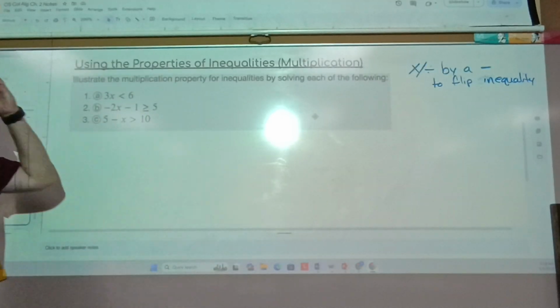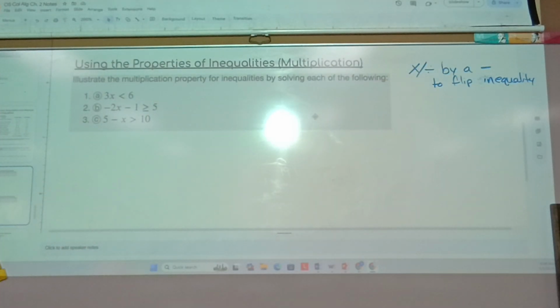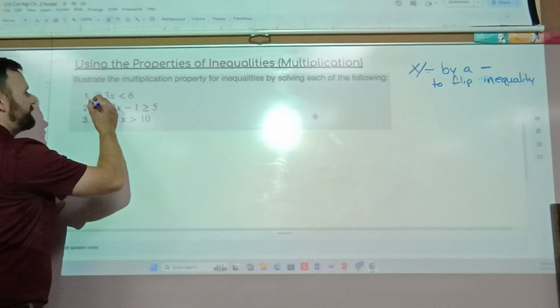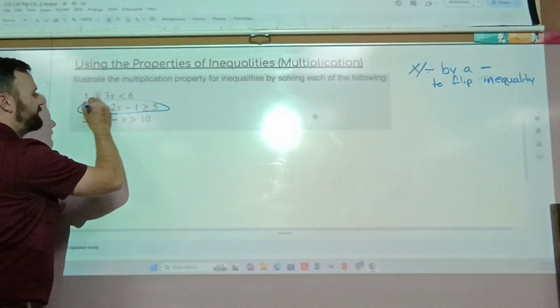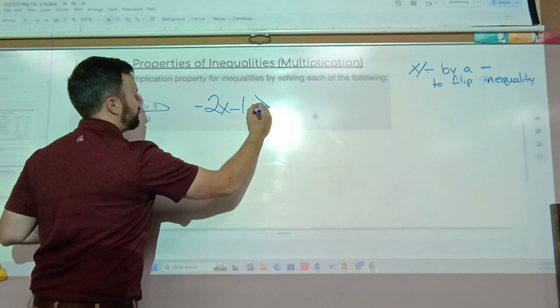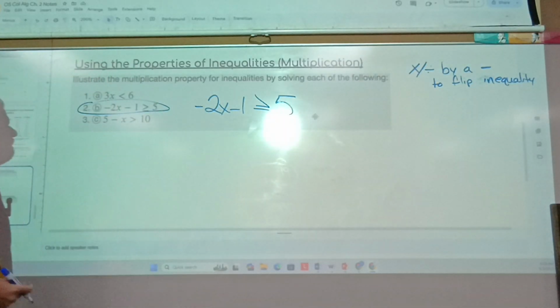Now, if you had me before, I never multiply or divide by a negative. Ever. How do I do that? I'll show you. Well, let's go right to 2. So I have negative 2x minus 1 is greater than or equal to 5. Now, I could add 1 and then divide by negative 2.